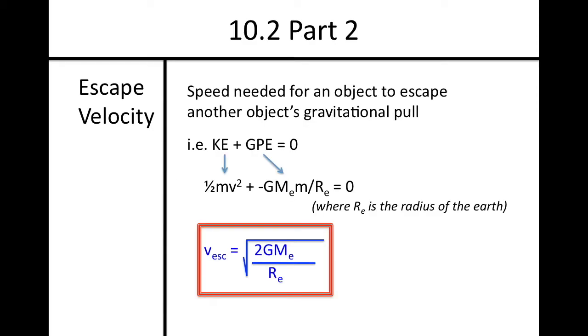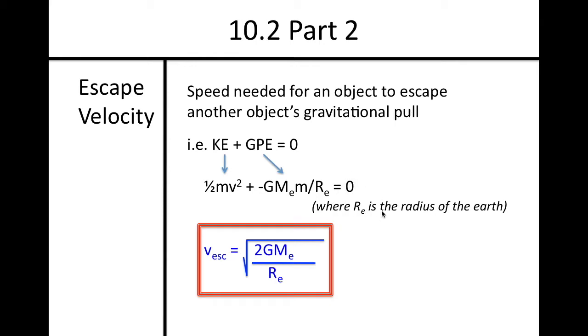Escape velocity is the speed that is needed for an object to escape another object's gravitational pull. We know that the kinetic energy plus the gravitational potential energy equals 0. We also know that the kinetic energy is 1/2 mv squared. The gravitational potential energy is equal to negative G, the gravitational constant, times the mass of the Earth times the mass of the second object, divided by the radius of the Earth.